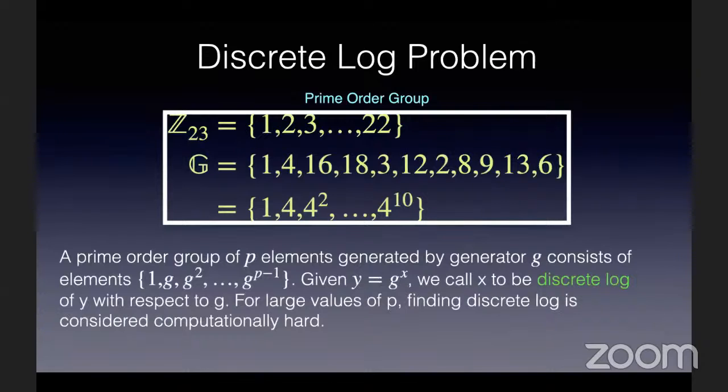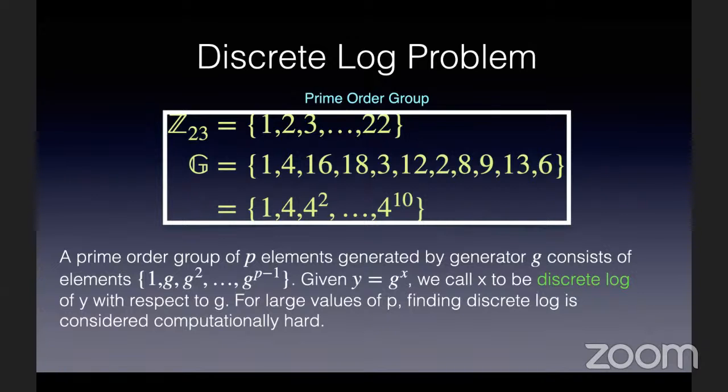So if you have 4 and 6, they are inverses. If you do 4 into 6, you'll get 24, which is 1, right? So in some sense, 6 is 4 inverse. Similarly for 16, you will have 13 as the inverse.